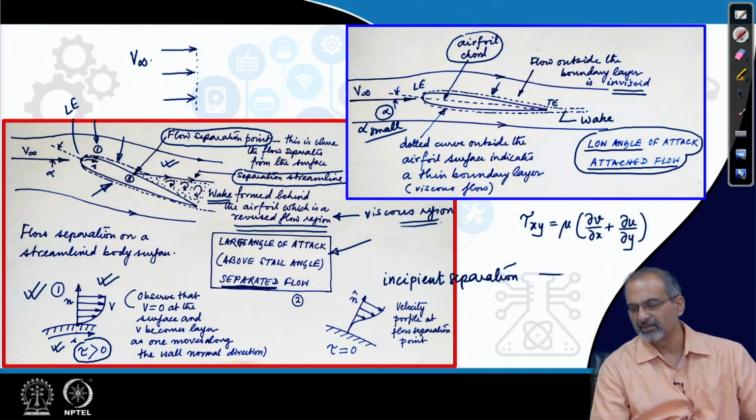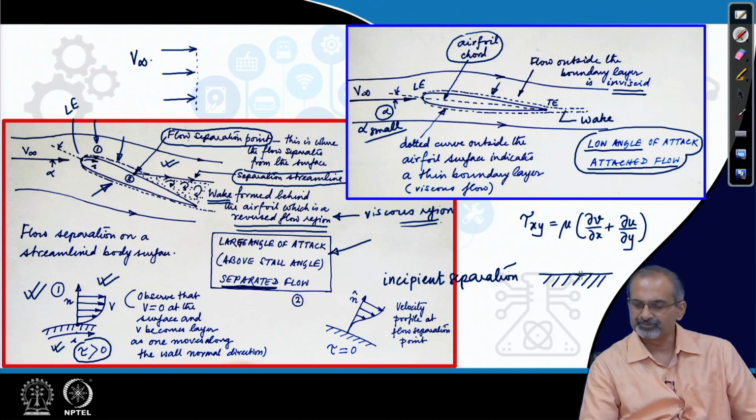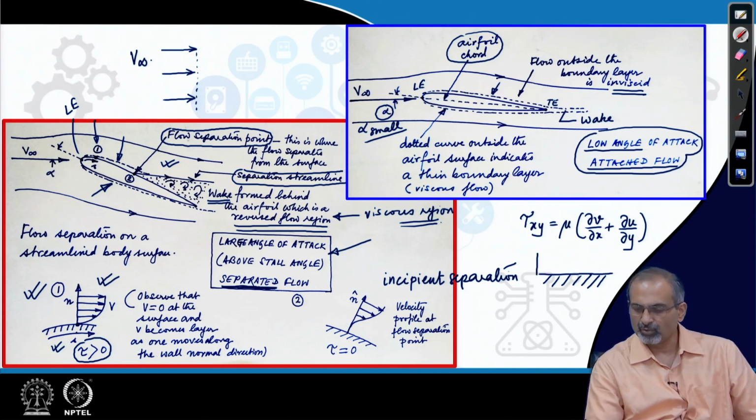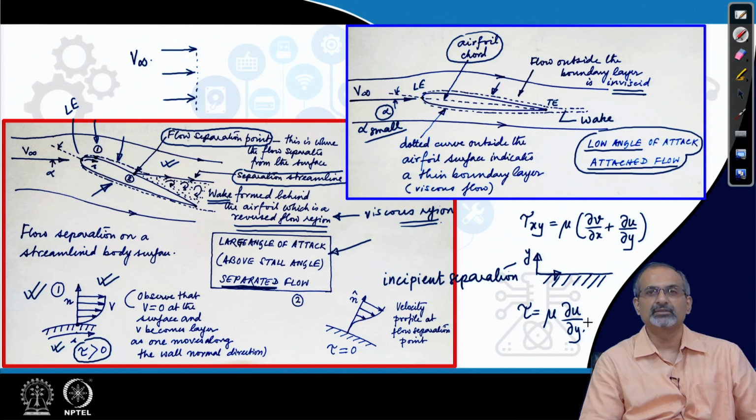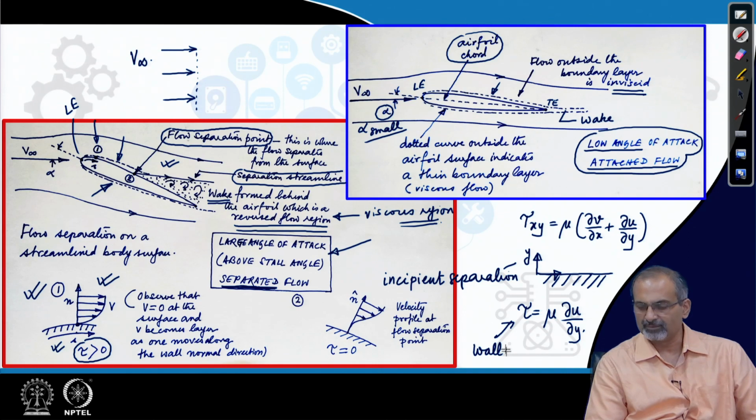Now, if you imagine that the surface is flat locally and you can orient the x y axis like this, then you can simplify this tau expression and express it as mu del u del y, because the del v del x will vanish in that case, and this will give you the shear stress on the wall.